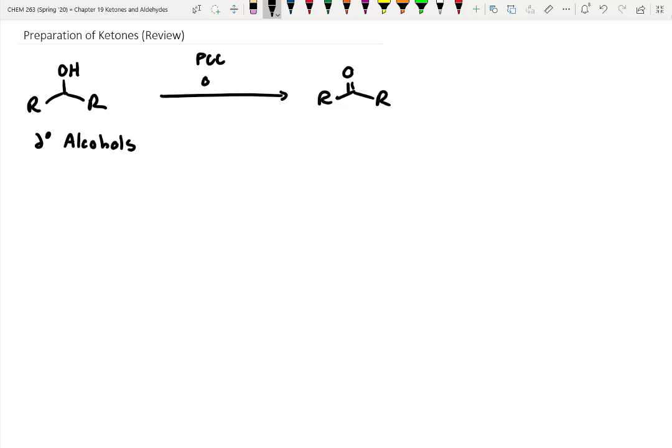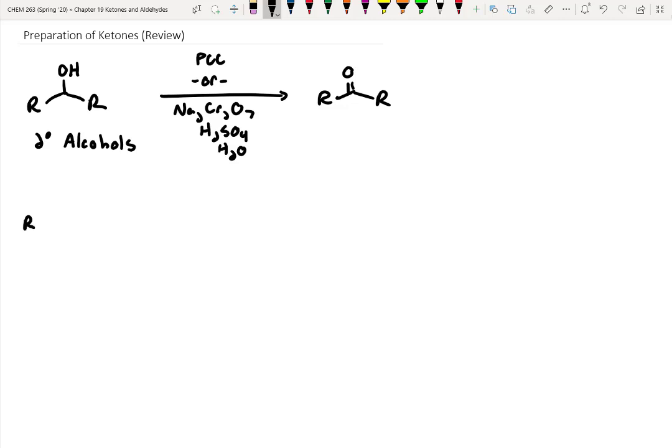You can use PCC because there's no risk of overshooting, or you can use chromic acid, which is made a variety of different ways. You can make it using sodium dichromate, sulfuric acid, and water. That's one of the more common ways. Or you can treat sodium dichromate with acetone and sulfuric acid. Doesn't really matter. Either of these methods will work.